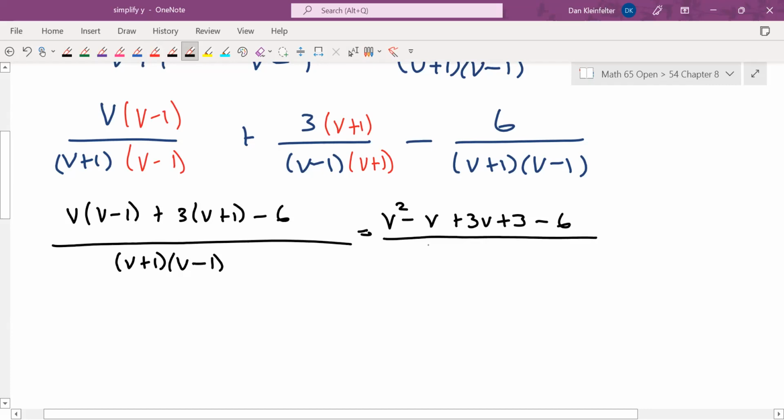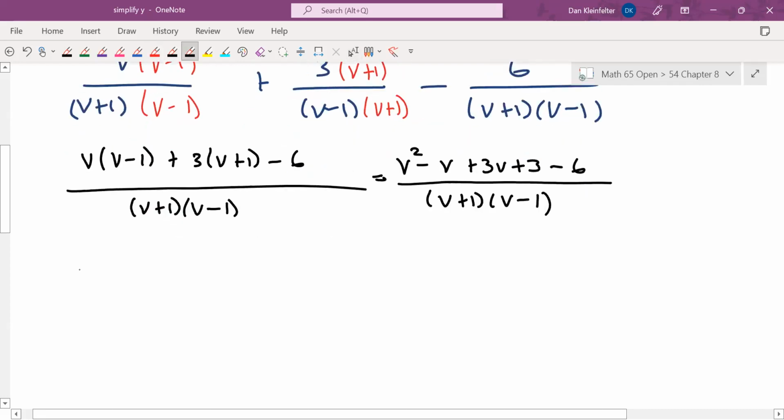Down below, let's once again keep that factored in case we get lucky and something simplifies out. So we'll have v squared plus 2v minus a 3 in the numerator. And then down below, v plus 1, v minus 1.